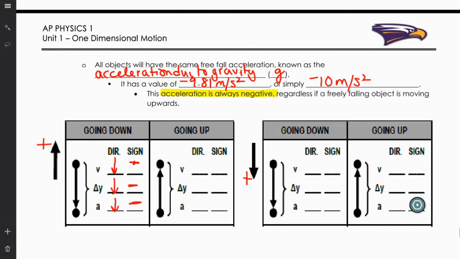Now, in this scenario, we threw the object up first. So the velocity would be up, the displacement would be up, but always the acceleration is down. That puts the velocity as a positive, displacement as a positive, but the acceleration is a negative. Now, to make problems easier, you may want to flip the positive.